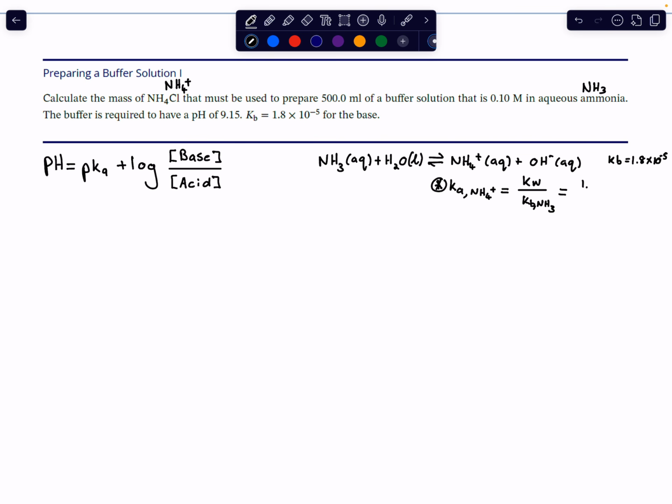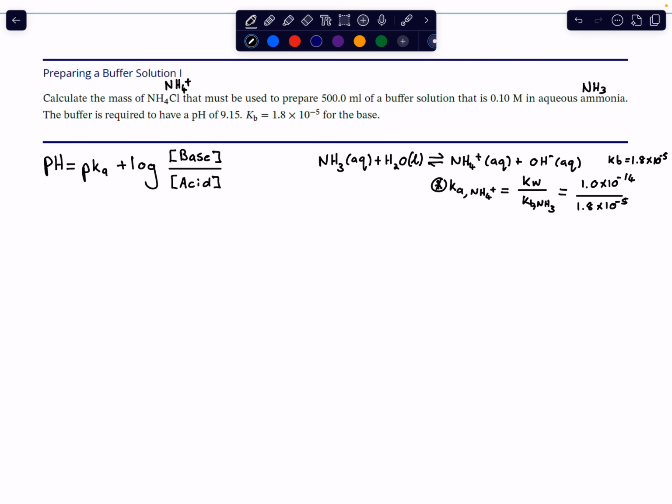Alright, so that's 1.0 times 10 to the negative 14 divided by 1.8 times 10 to the negative 5, as it's given there. So that's one of the things that we will need.